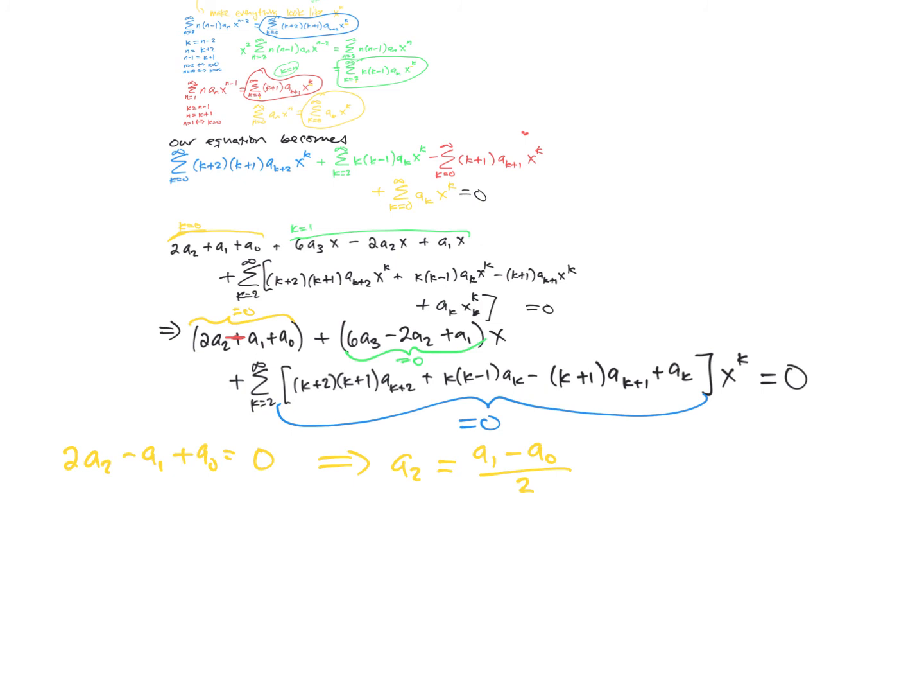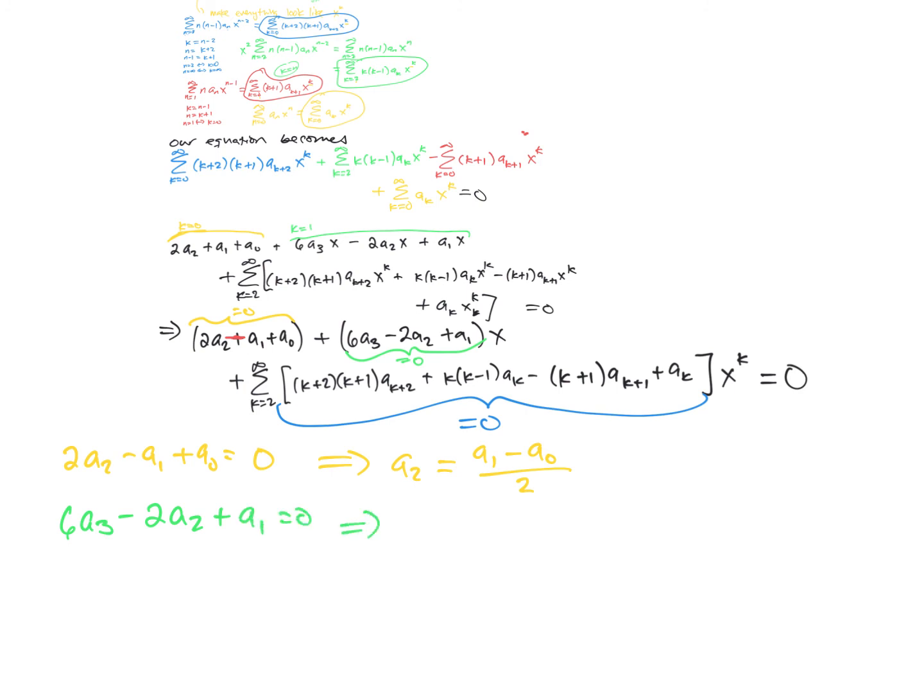So that's okay. But now that we have a2, we can use the green one to say we've got 6a3 minus 2a2 plus a1 equals 0.